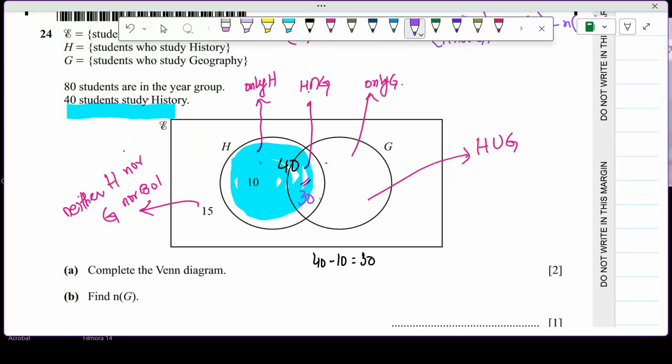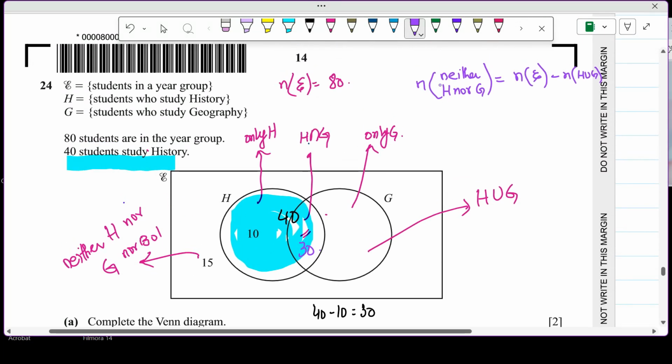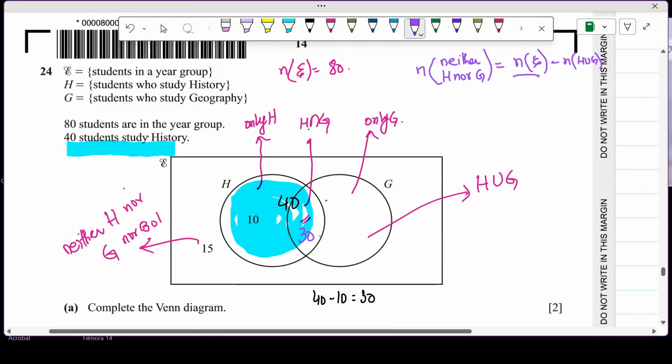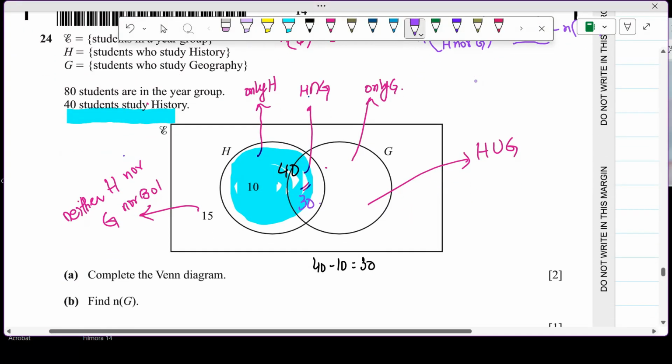Okay. Now we need to find the students who are studying only geography. I just told you if we eliminate the total students who are studying either history or geography or both from the total number of students, we will get the students who are studying neither history nor geography.